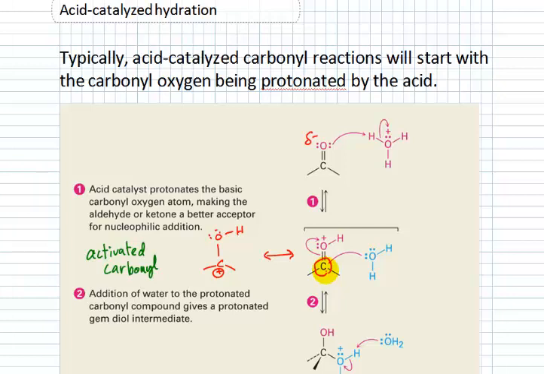Okay? So by protonating the carbonyl first, we make this carbon electrophilic enough that a neutral nucleophile can attack it. Right? Typically, we do not have a neutral nucleophile just attacking a regular plain old carbonyl. We'll normally protonate the carbonyl first, which will then allow a neutral nucleophile to be able to attack it.